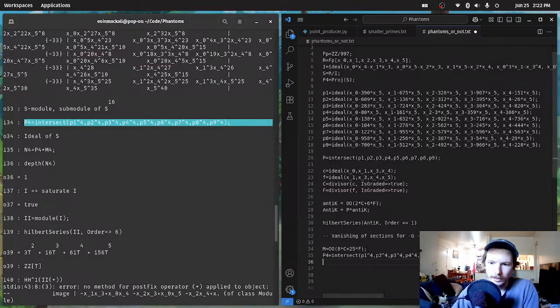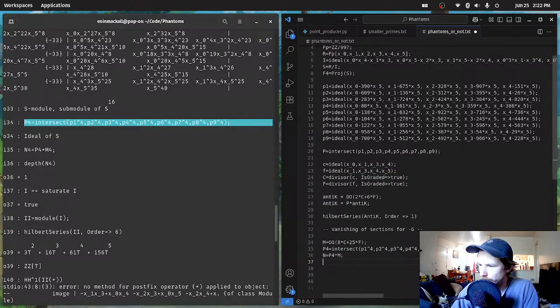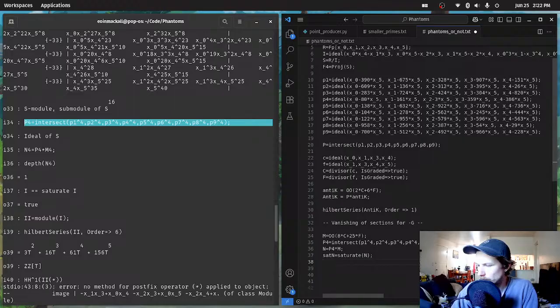Then the next thing to do is just multiply them. So say N is P4 times M. Saturate. And then call Hilbert series.